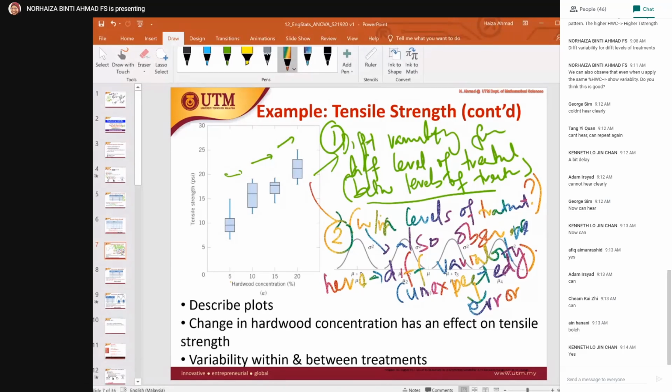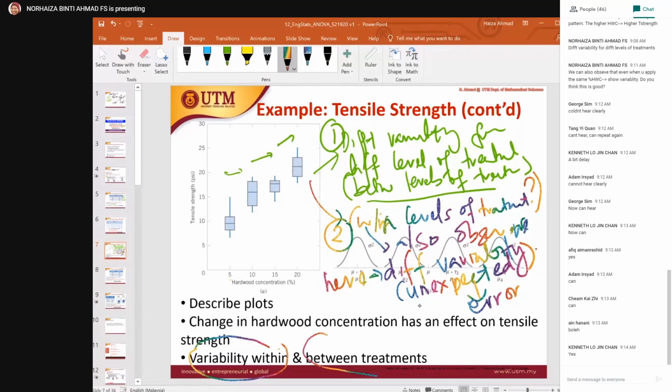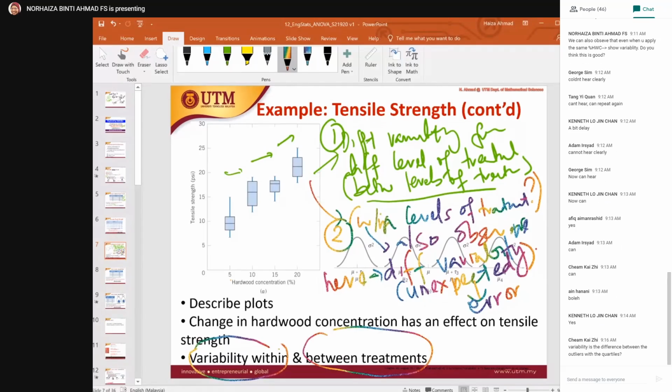Okay. So later on kita akan tengok macam mana how to see the difference between hardwood concentration based on these two things. Between within treatment, the variability within and the variability between treatments. But bila kita nak cakap, when we want to say, oh, there is different hardwood concentration would give different effect on the tensile strength. We can't just say between treatments. We need to comment on the within treatments as well.